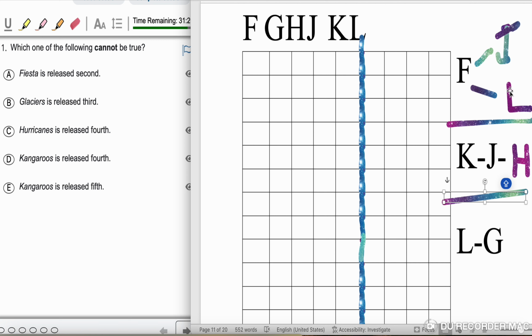So we got F, G, L. This one could be F, and this could be before J. So F before L, and L is before G, and then it has to go with K, J, H. So J is going to go over here.